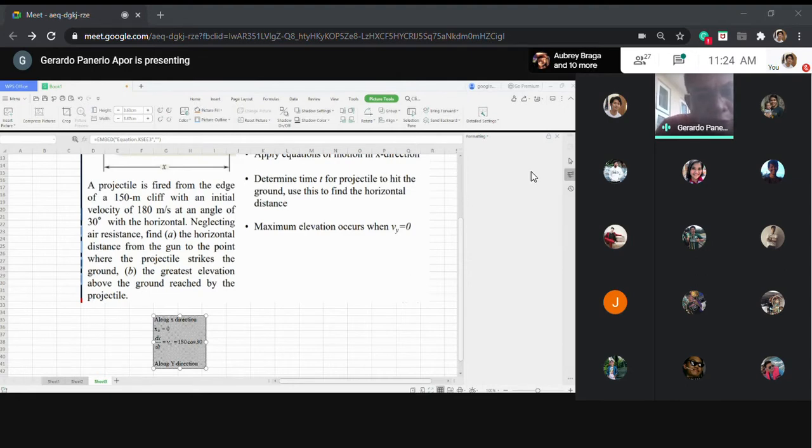The constant of integration can be solved: at time equals 0, x is equal to 0. So therefore, x is equal to 180 cosine 30 degrees t. Okay, that's the x. These are the equations that we can determine at 1.